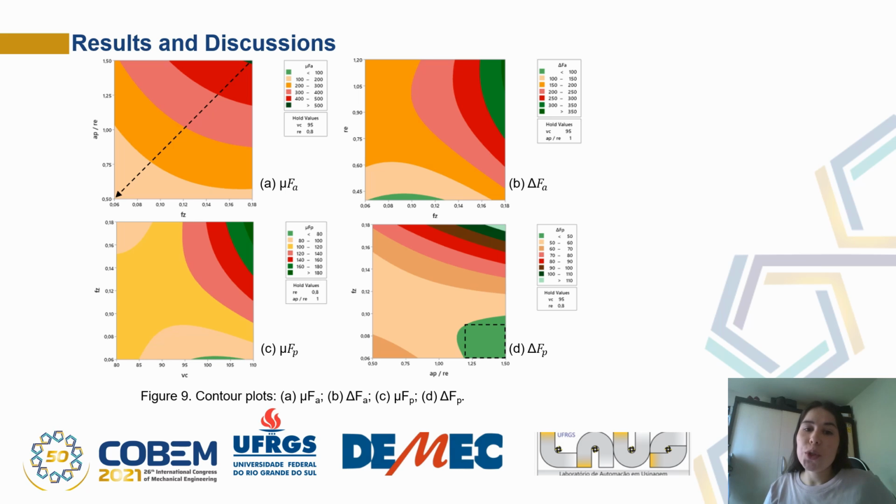The analysis shows that feed per tooth, nose radius, and depth of cut to nose radius ratio were significant for the static and dynamic portions for the active force. The cutting speed and nose radius were partially significant for the static portion of the passive force.